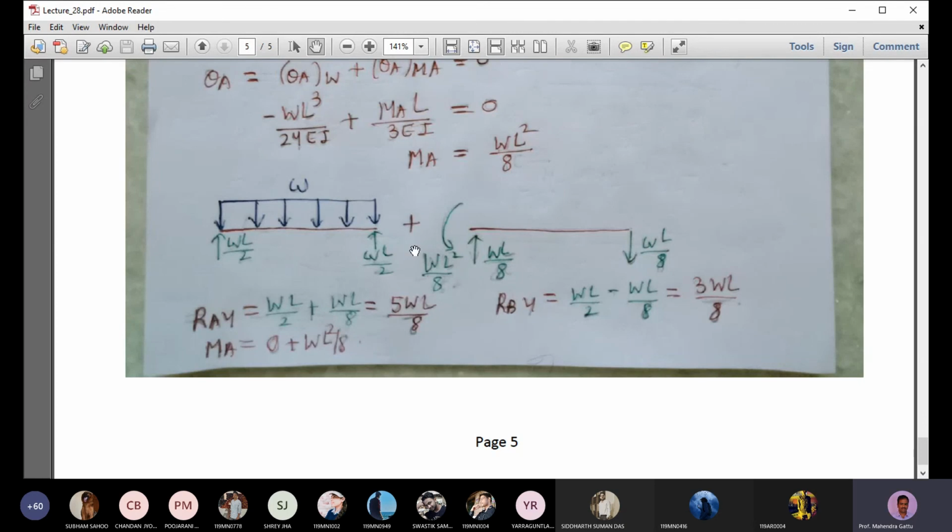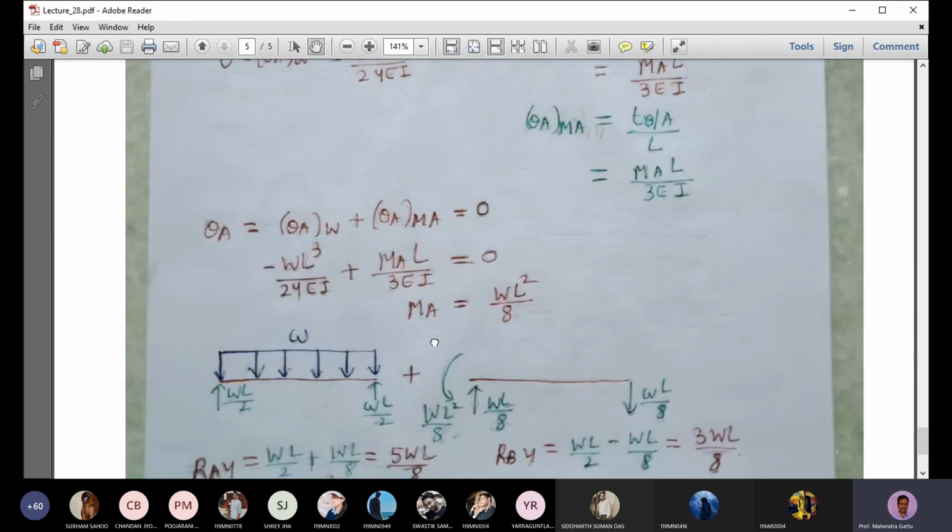Oh, sorry, WL/2 plus WL/8. So it comes to 5WL/8. And the reaction at B will be WL/2 minus WL/8, so it will be 3WL/8. And the moment reaction at A will be, here there is no moment, 0, and here it is WL²/8. So we are again getting the same answers: 5WL/8, 3WL/8, and WL²/8.